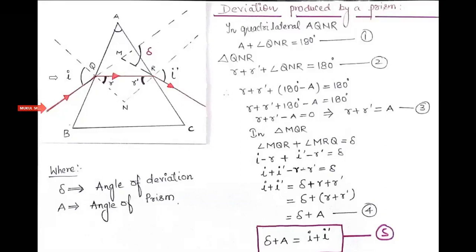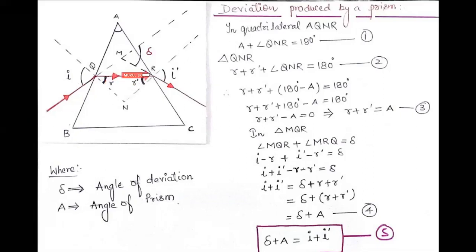I is the angle of incidence made with the normal, and R is the angle of refraction made by this ray with the normal. Further, this ray is incident on the glass surface AC and acts like an incident ray. This angle R dash becomes the angle of incidence, and the ray makes this angle with the normal.